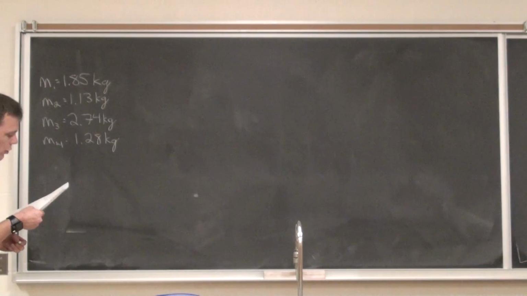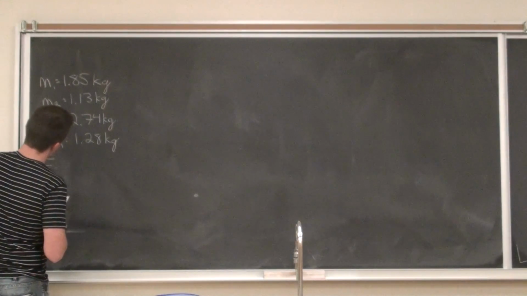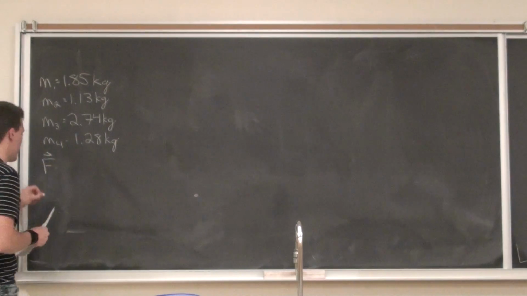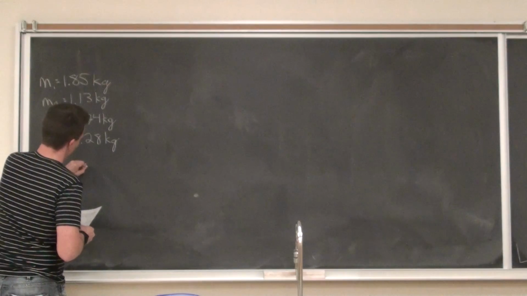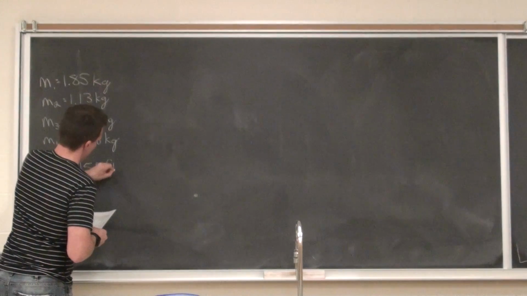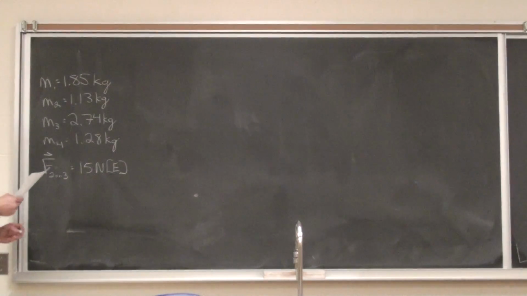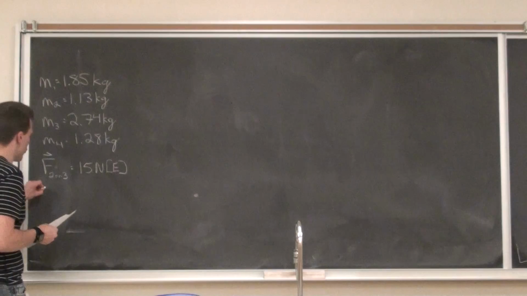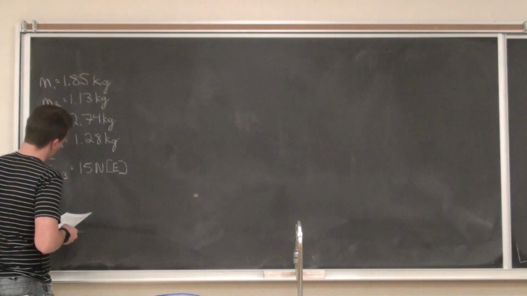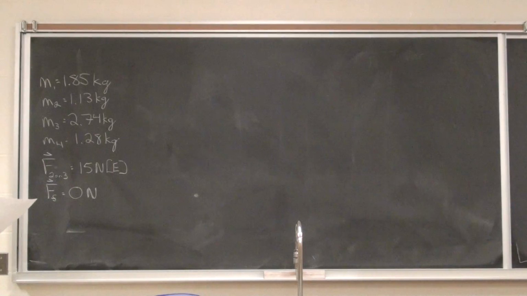The force of car 2 on car 3 is 15 newtons east. So we say the force, and it's a vector quantity because we have direction, of 2 on 3 is 15 newtons [east]. Remember, we put our direction in square brackets. And it tells us that if friction is negligible, so we could include that if we want, that tells us the force of friction anywhere is 0 newtons, or doesn't exist.